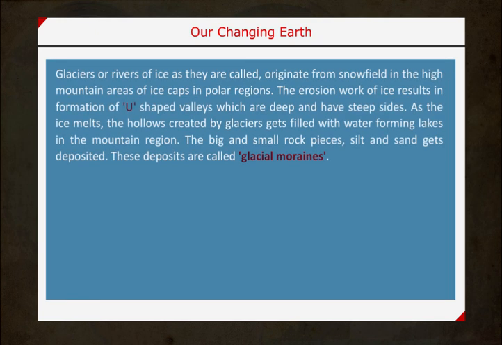Glaciers or rivers of ice, as they are called, originate from snowfield in the high mountain areas or ice caps in polar regions. The erosion work of ice results in formation of U-shaped valleys which are deep and have steep sides.